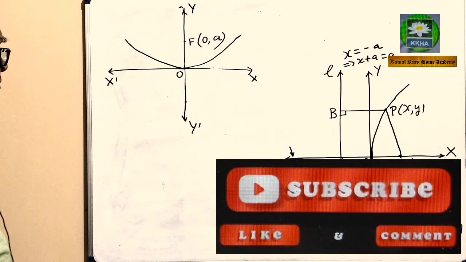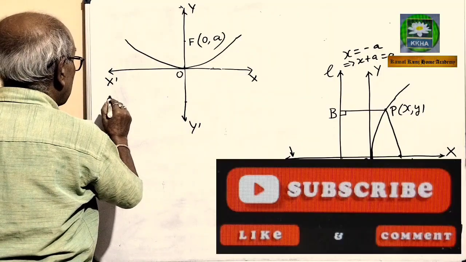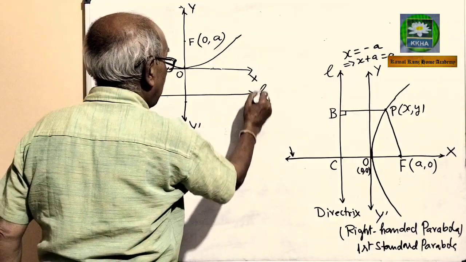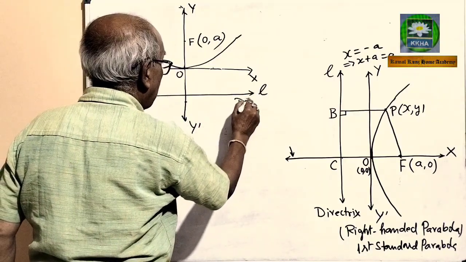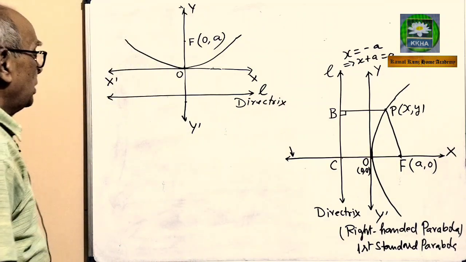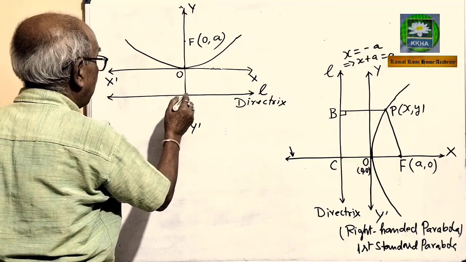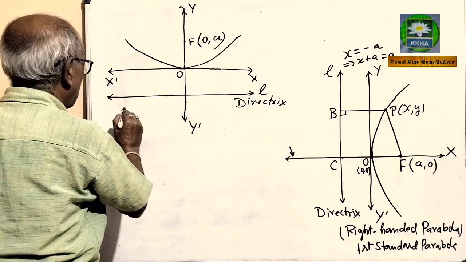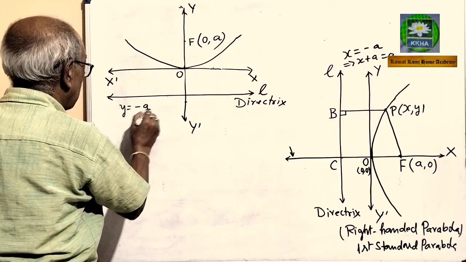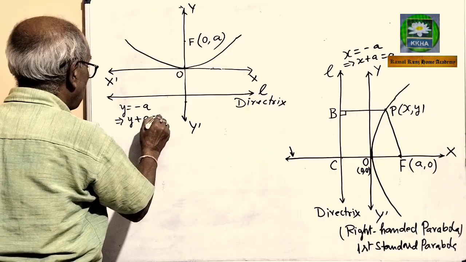This is the focus of the upward parabola, and this will be the directrix L. Here y is equal to minus a, like that y plus a equal to 0.